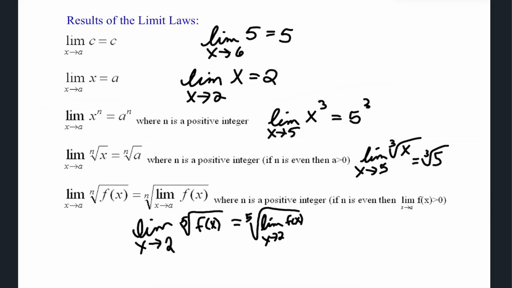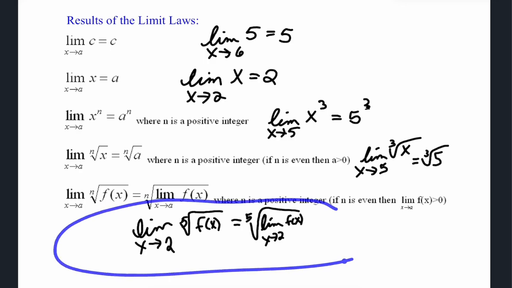Remember, we can ignore the power and do it later. We know the limit of that is 5, so then it just becomes 5 cubed. Same thing here. If we're approaching 5 from x, we can remove that cube root and then just take the cube root of 5.